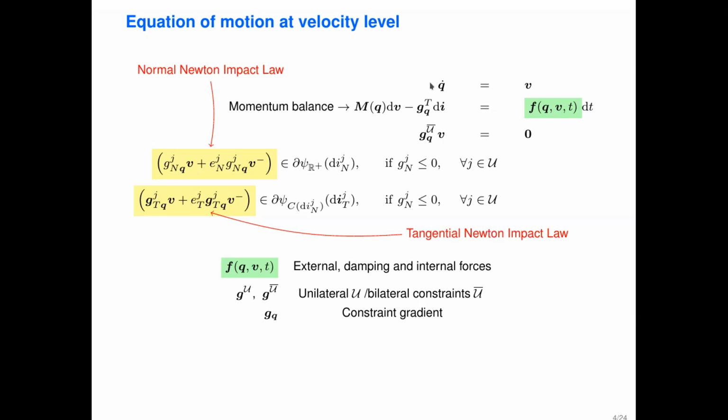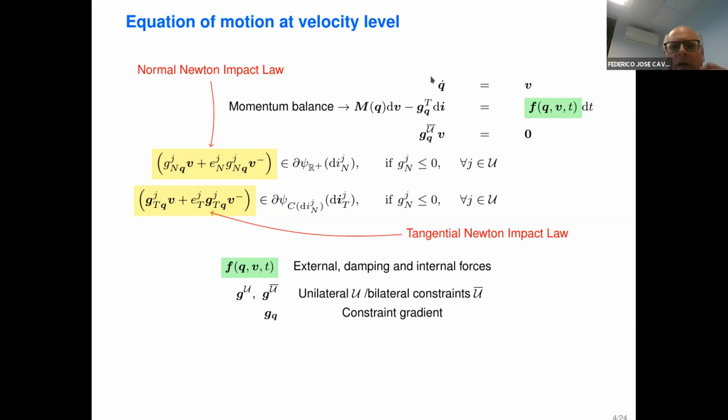So again, the equation of motion at velocity level is given by the set of equations, where here we have the definition of the velocity. The second equation is the momentum balance, where M is the mass of the system, which can depend on the coordinate vector q. dv is the measure of the velocity. Gq is the constraint gradient.